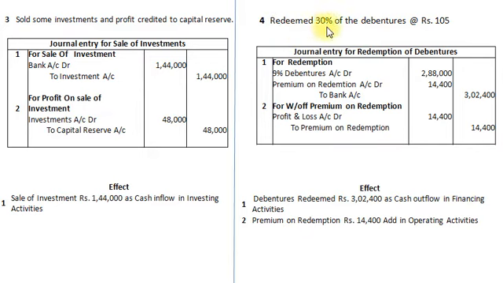Redeem 30% of the debentures at rupees 105. Students, we have observed the opening and closing balance of debenture and come to know that company redeemed debentures worth rupees 2,88,000 during the year at 5% premium, that is rupees 5 per debenture, amounts to rupees 14,400.